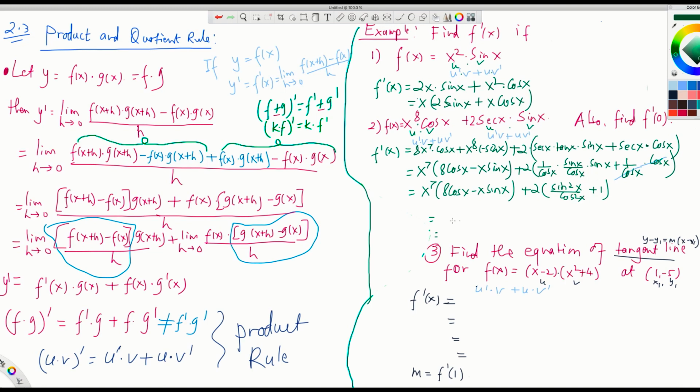You write down x to the 7 as it is, times 8 cosine x minus x sine x as it is, plus 2 times what is sine square over cosine square? That is tangent square x, plus 1.